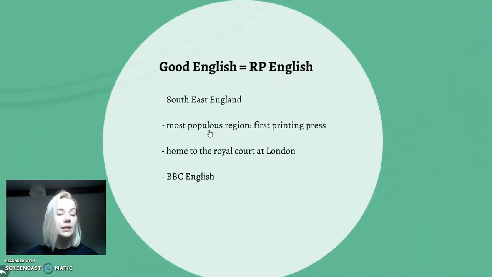RP is Received Pronunciation English. Now, why RP? Well, when the first printing press was introduced in England in 1473, Southeast England was the most populous region, and this is where they spoke RP. So RP originally was a regional dialect.